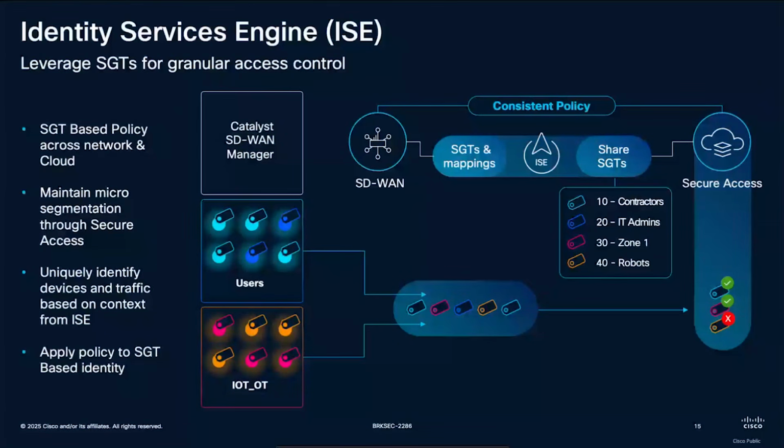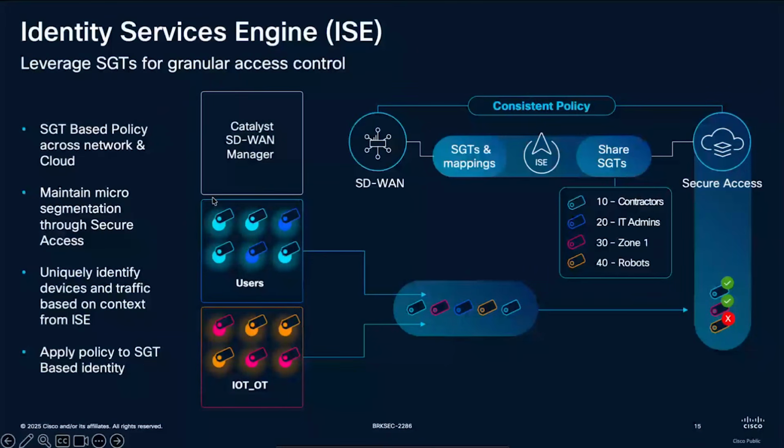So it's a new way of segmentation. We don't need to create VLANs on switches and replicate them. We just need to create SGTs on the ISE solution to provide access to applications or sensitive data for a group of people that need the same access.